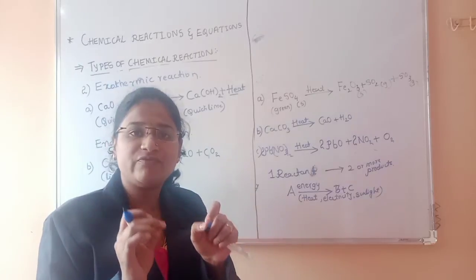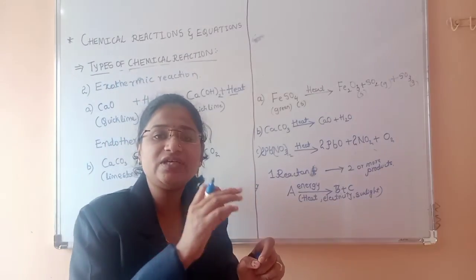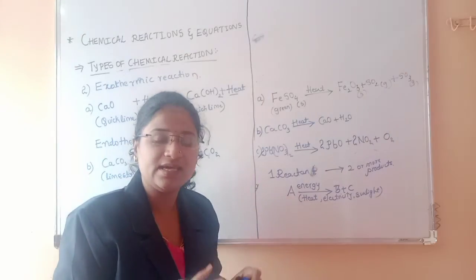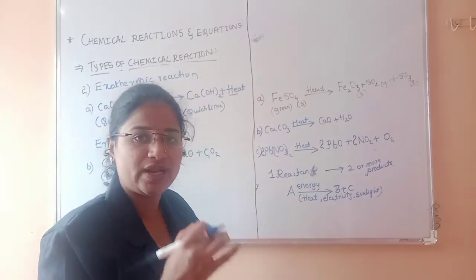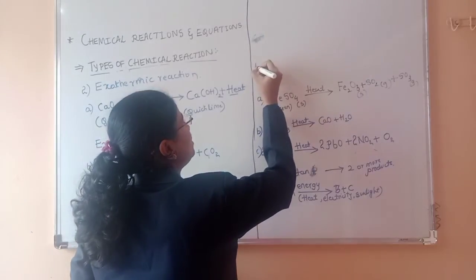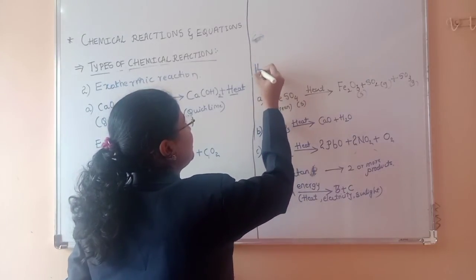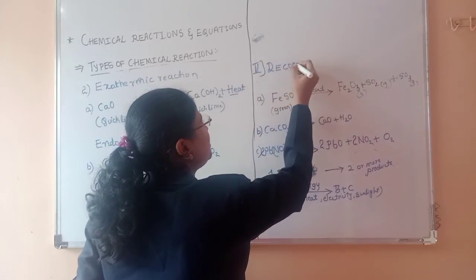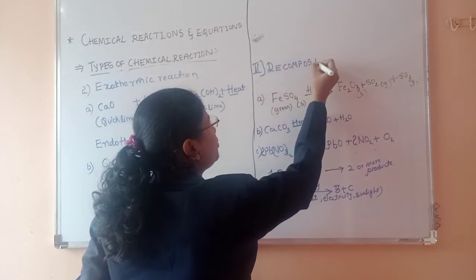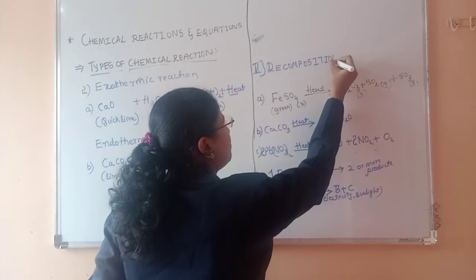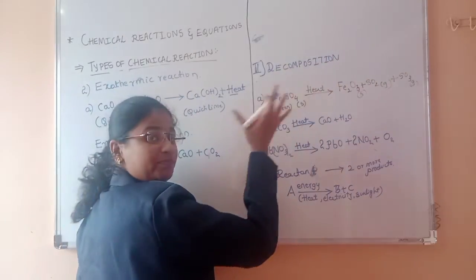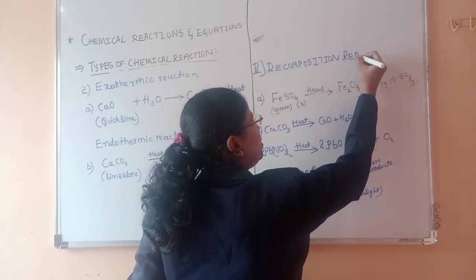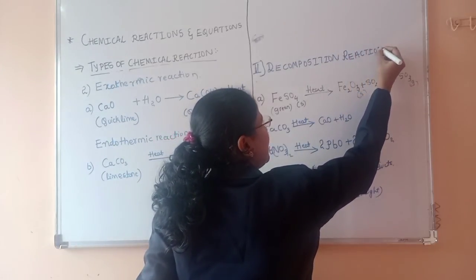Such a reaction, in which one reactant, after absorbing energy (heat, electricity or sunlight), gives two or more products, is called a decomposition reaction, the second main type of reaction. De means breakdown, and composition means what it is made up of. So the breakdown of the original composition of a reactant is called a decomposition reaction.